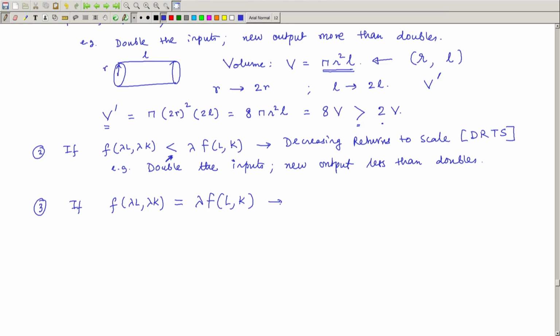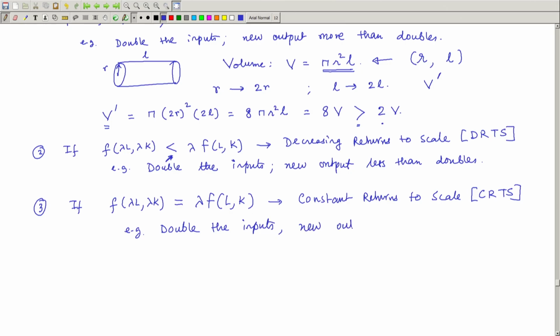This is called constant returns to scale, denoted by CRTS. And for completeness, we will just mention that you double the inputs, the new output exactly doubles. What could be one example?